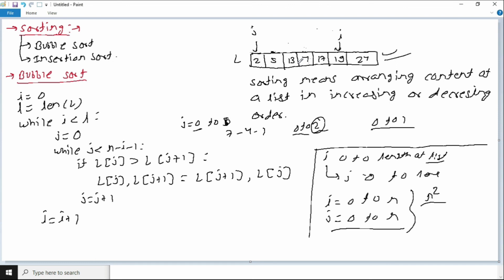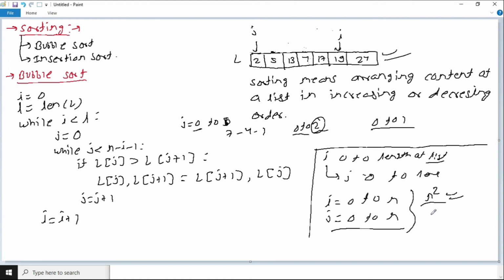So the maximum number of swappings in bubble sort is n square. So you always say that bubble sort takes n square number of swappings.